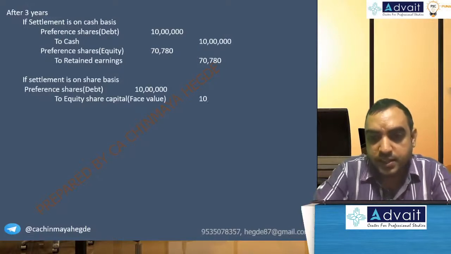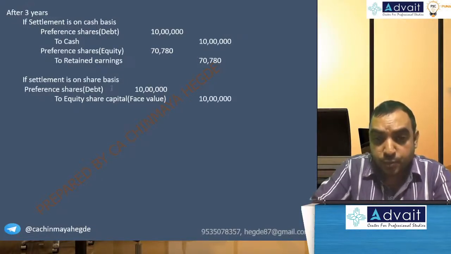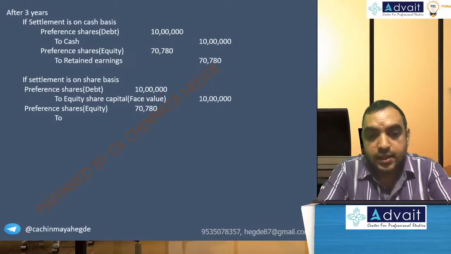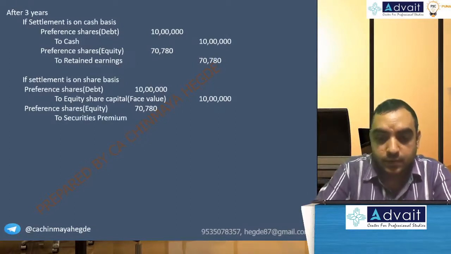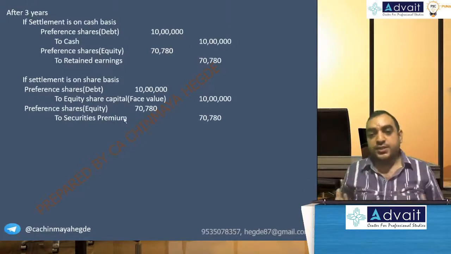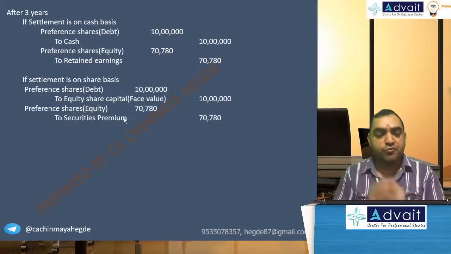I don't know the number, let us just take it as 10 lakh only. And the preference share equity portion that was there will be transferred to securities premium, 70,780. So settlement can happen on cash basis or on equity share basis, or it can be a combination of both.